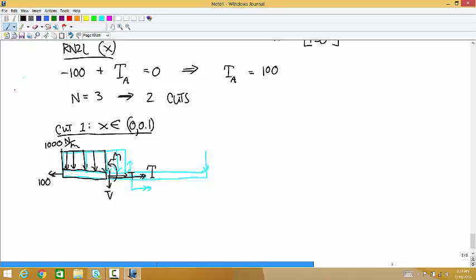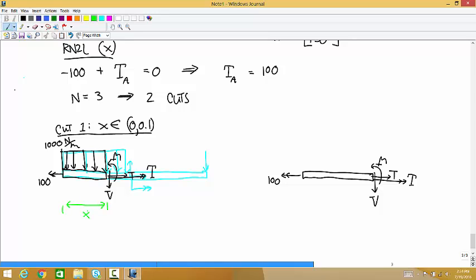So now that we've chosen the body to isolate, we can treat that as a point force. So I'll redraw that. So we have the 100 over here. The internal load's over here. And representing this distributed load as a point force, this whole thing has a length of x.